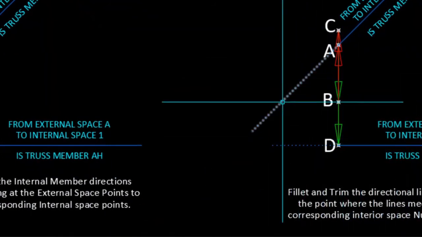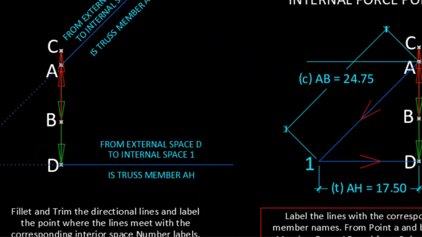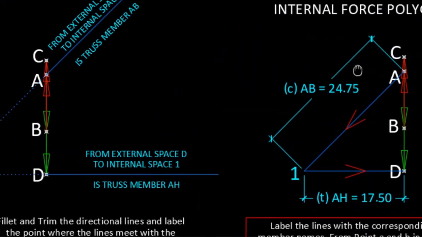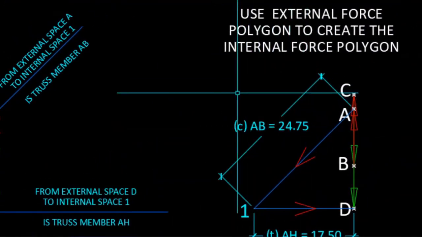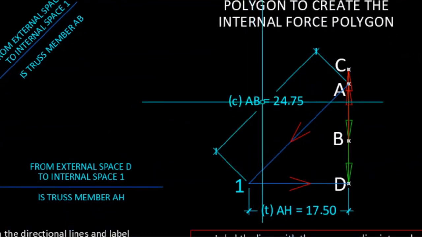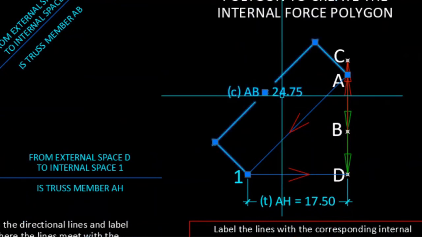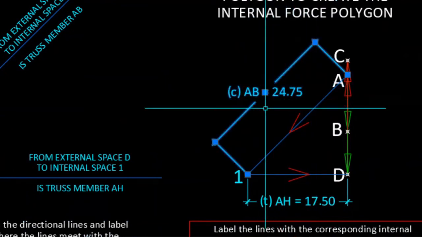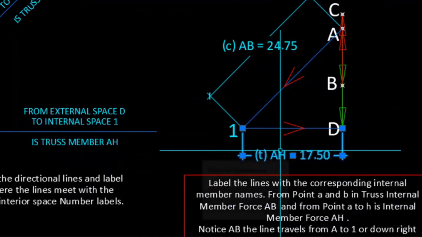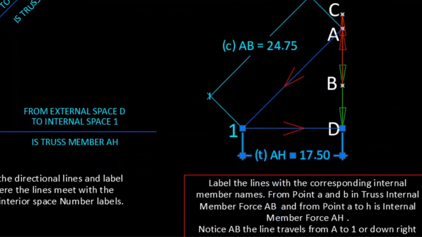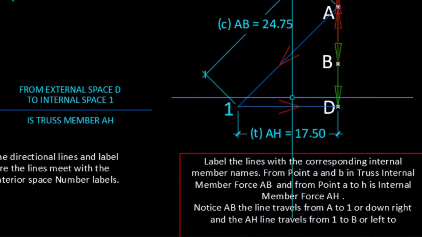So once we fillet these lines and trim them, we add dimensions. Again, this is all to scale. We add the dimensions and we find that force AB measures 24.75 and force in member AH measures 17.5.